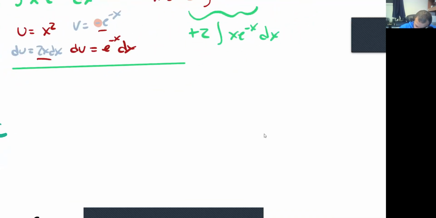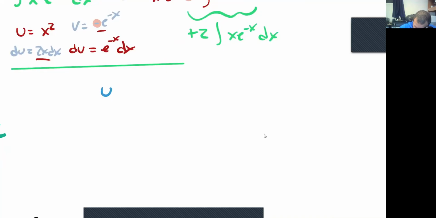But I'm going to say, let u equal x. So dv is e to the negative x dx. Again, we're going to get v equals negative e to the negative x. And in this case, du is going to be dx, which is always a great thing to end up with.